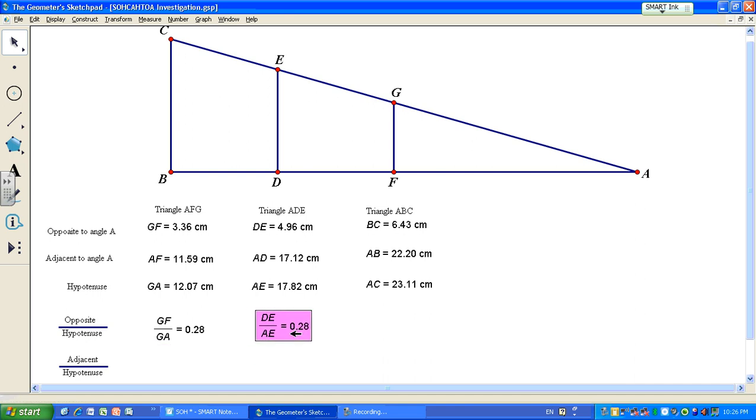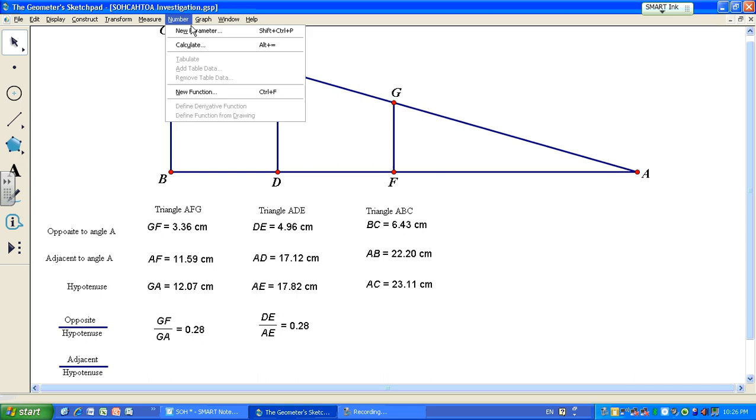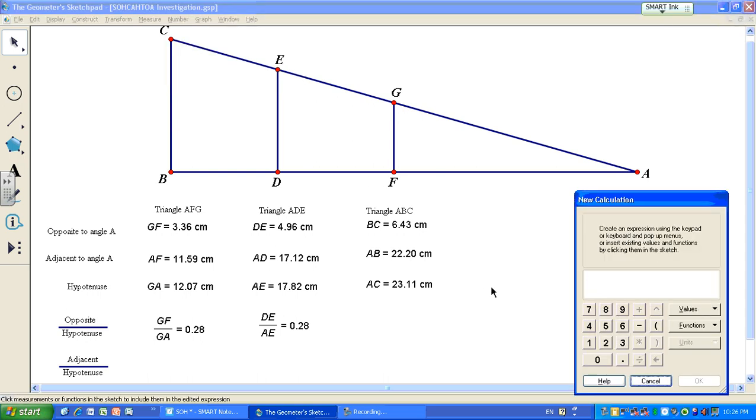Quite a surprise. I got the same thing. And now let's confirm my prediction. Let's see what happens when I calculate opposite over hypotenuse in the last triangle. Again, this is my opposite divided by my hypotenuse. Boom, boom. There you go. What do I get?